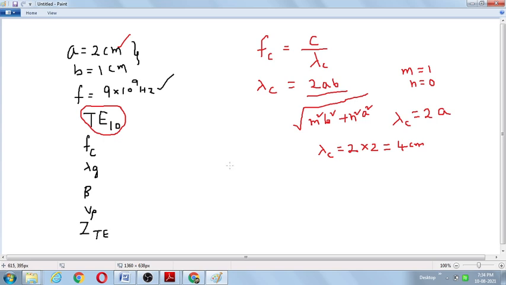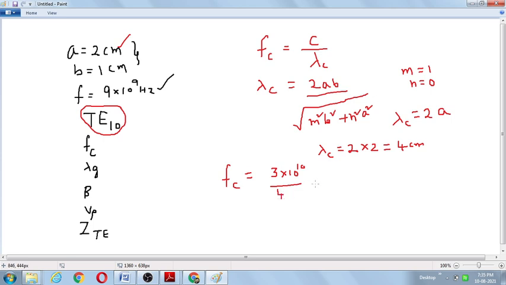Now how to calculate fc? fc means cutoff frequency. fc is equal to c by lambda c. c is equal to 3 into 10 power 10 centimeter per second. Here cutoff wavelength is also expressed in centimeters, that's why 3 into 10 power 10 value is taken, divided by lambda c is equal to 4 centimeters.